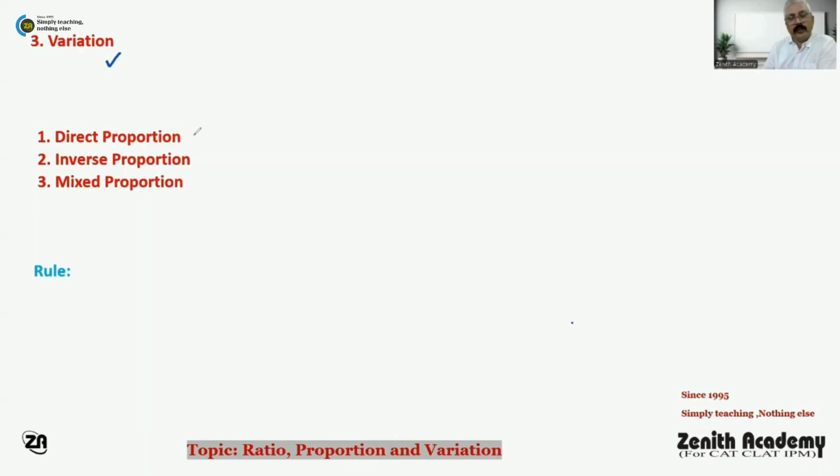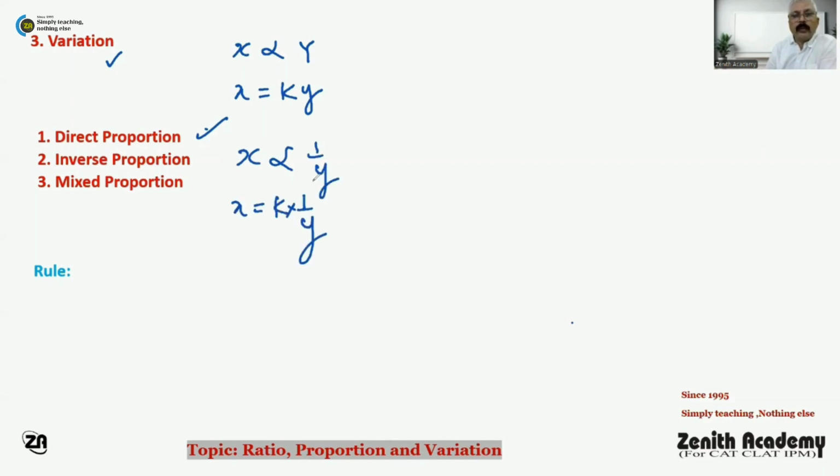And now see the variation. If x is directly proportional to y, then x is equal to ky. And if it is a matter of inverse proportion, then we write it this way: if x and y are inversely proportional to each other, then x is equal to k into 1 upon y.